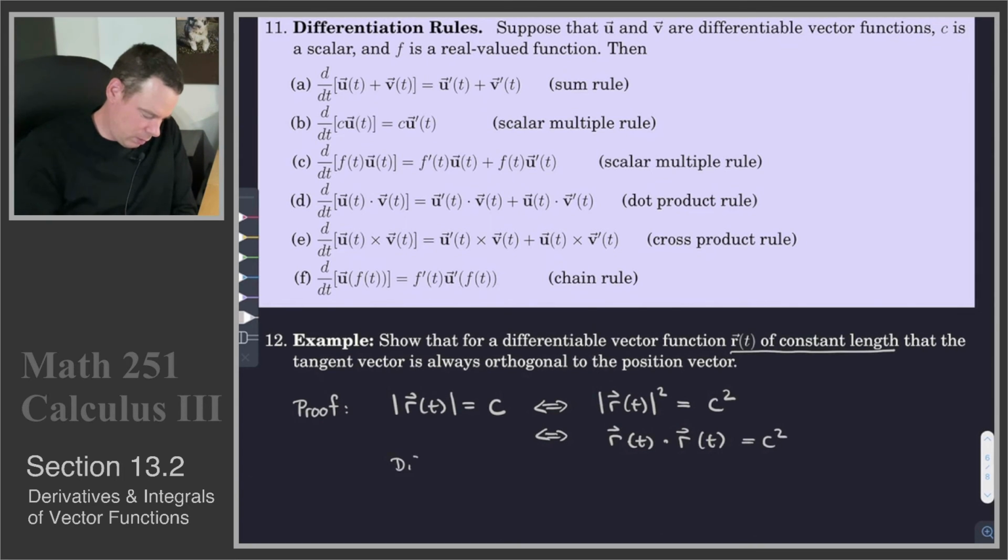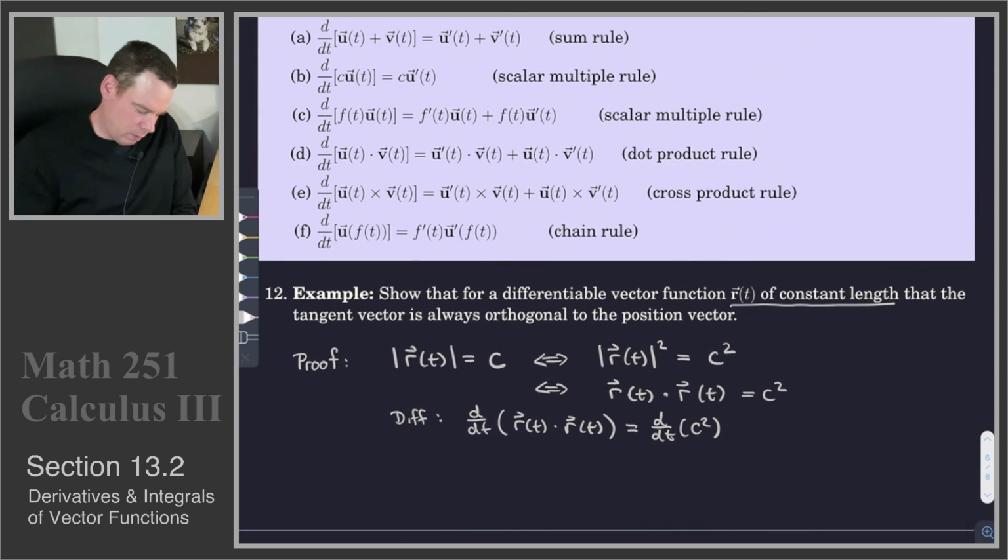Now if I differentiate, then what we get is d by dt of r of t dot r of t is equal to the derivative of c squared. What's the derivative of c squared? Well, that's 0 because it's a constant. What's the derivative of the dot product of r with itself? Here we can use the dot product rule.